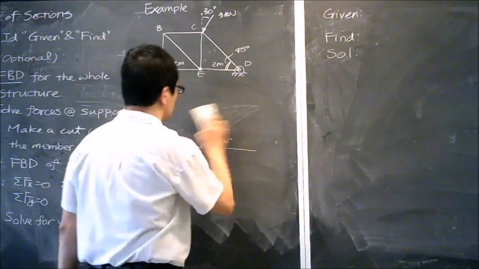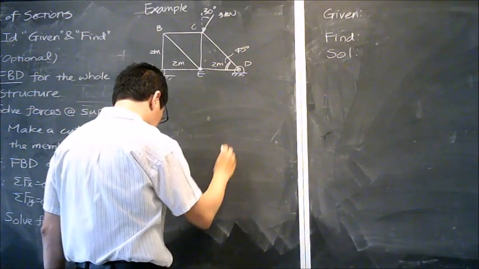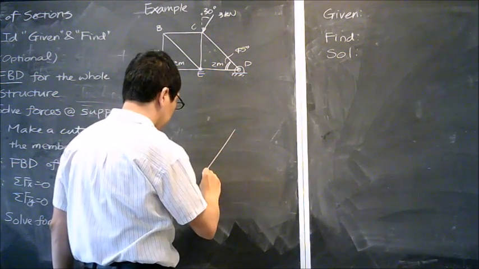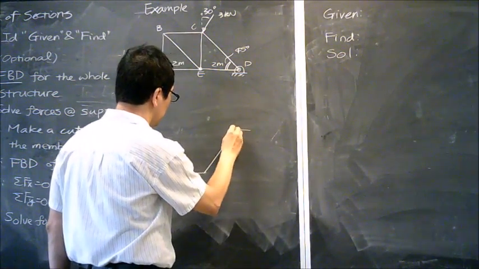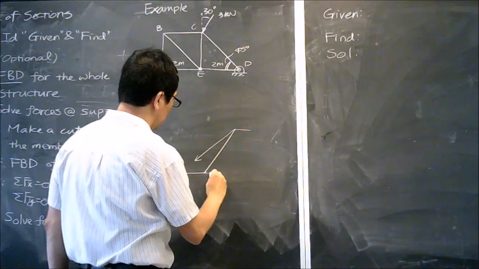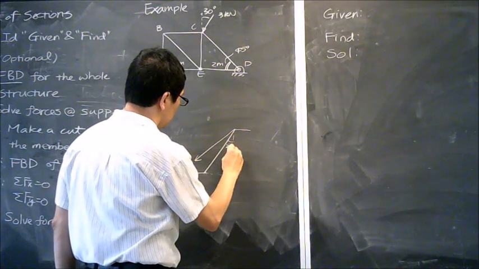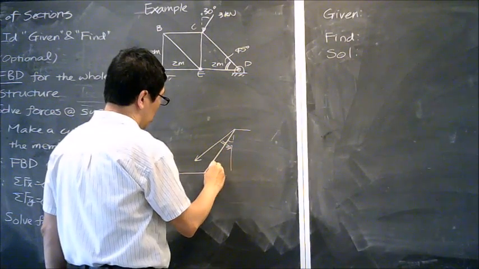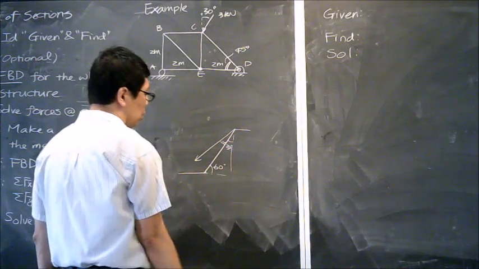And the other thing is, last time, I think this is in the first exam. This is 30 degrees, and this is something I didn't give you, and for sure this is 60 degrees.